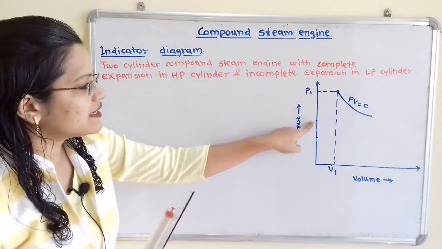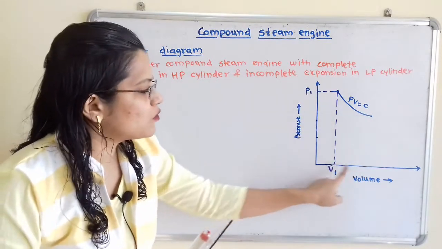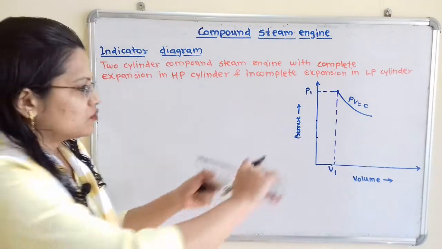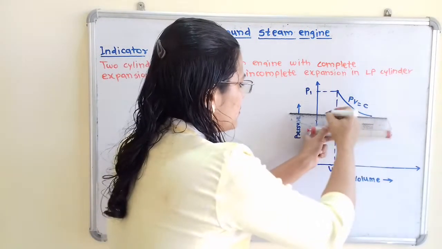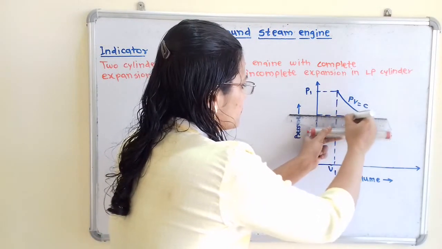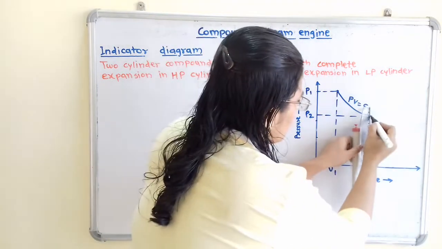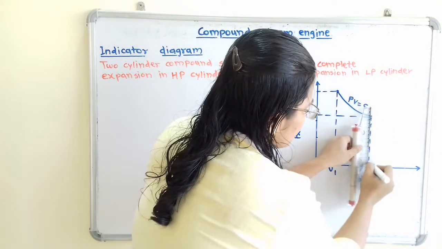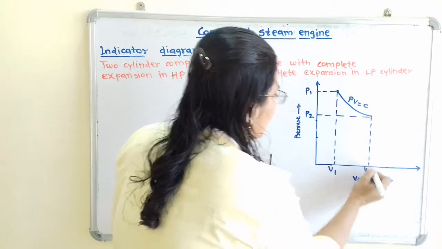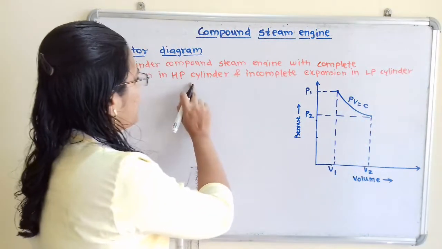Pressure is getting decreased, but at the same time volume is getting increased. So I will show here the pressure P2 and volume V2. So this expansion is taking place in high pressure cylinder.